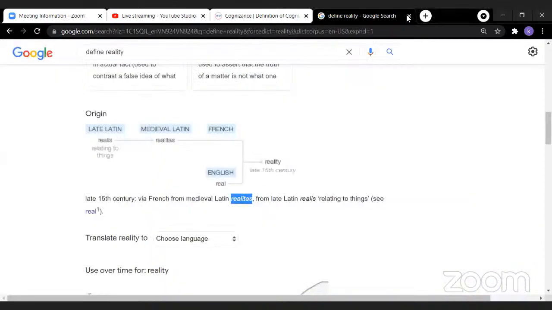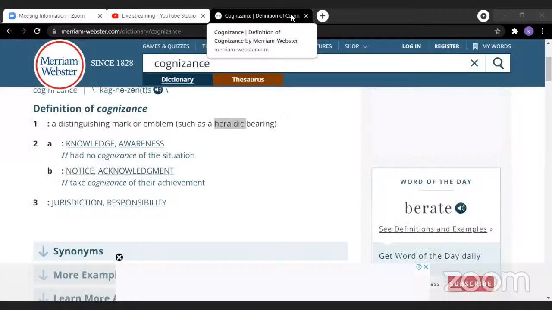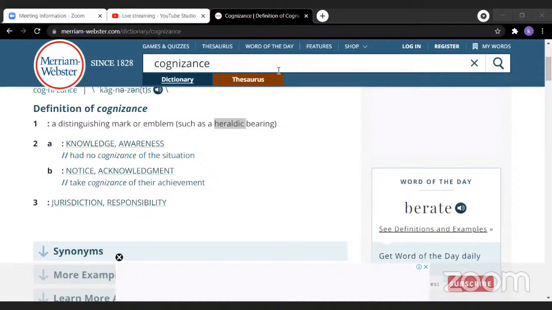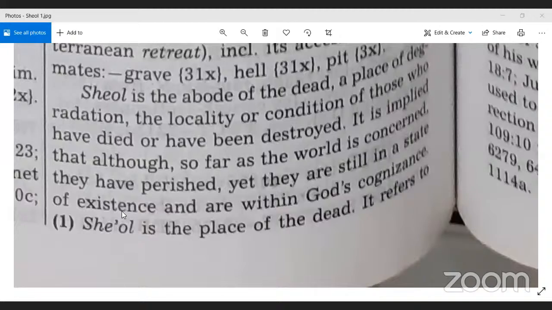If you exist, you're conscious. You have consciousness, as we just saw, right? To exist means consciousness. Why y'all being quiet? So let's go back to the document. Again, existence means reality.